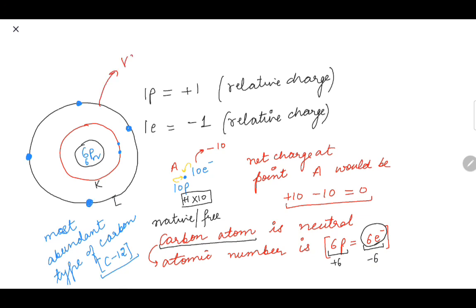That means it is the last shell. So if you look at the atom of carbon, it would have 4 electrons, one, two, three, and four, in its valence shell. Are you understanding? So we have 6 protons in the nucleus, and there are also 6 neutrons in the nucleus.